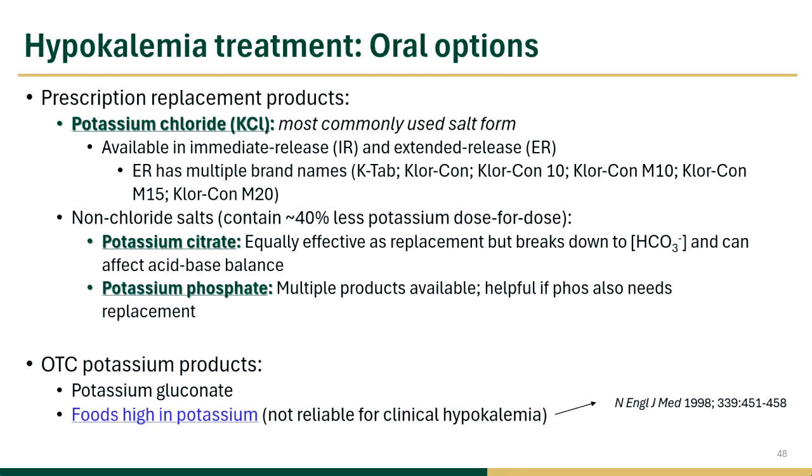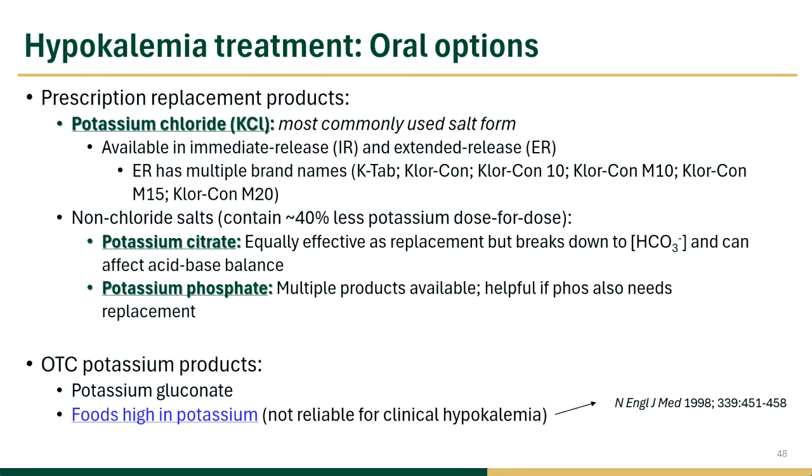The only caveat is if it's an extended release form, then the patient shouldn't chew it, right? It can't be broken up, split, or put into enteral feeding or whatever. K-Tab, Klor-Con M10, Klor-Con 10, all those are different brand names that are out there.